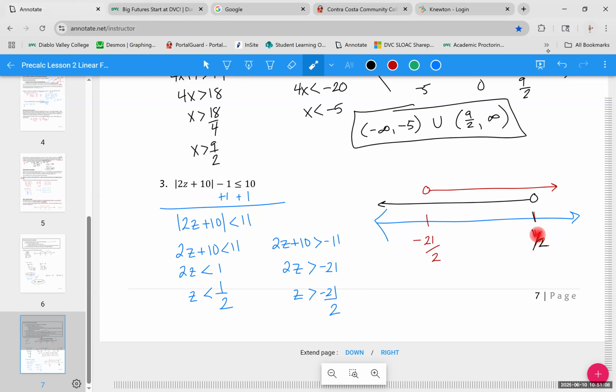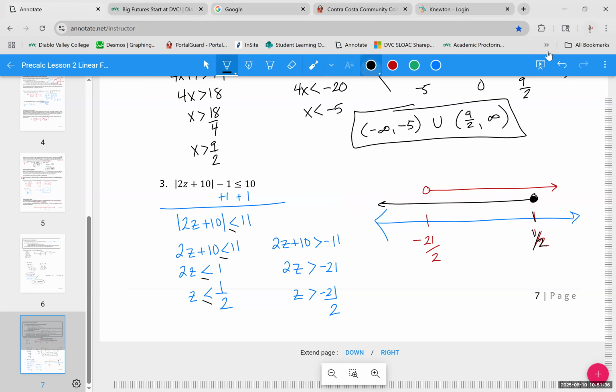So if this is 1/2, less than 1/2 would be all of these numbers, not including 1/2 because it's not, oh, it is less than or equal to. See what happens when I wasn't paying attention in the first place. But that means I'm going to fill in that dot right there nicely. So it would be included, 1/2 and everything less than.